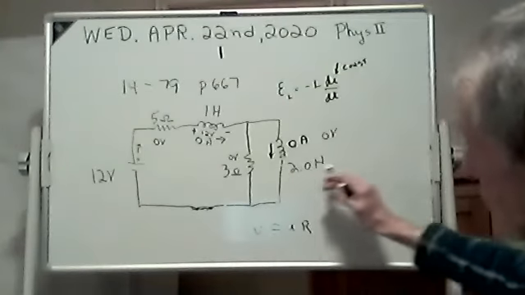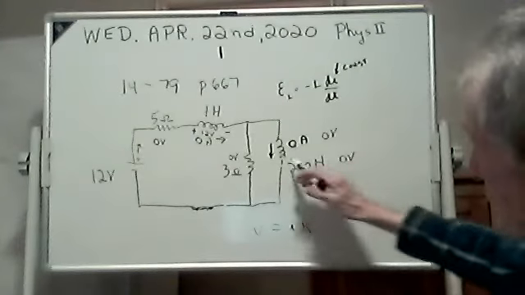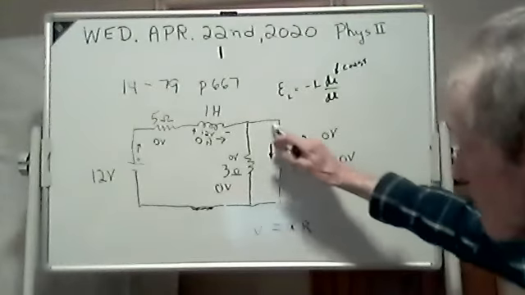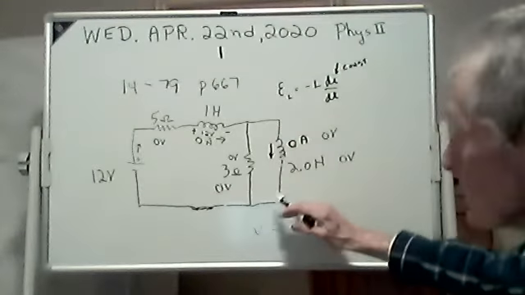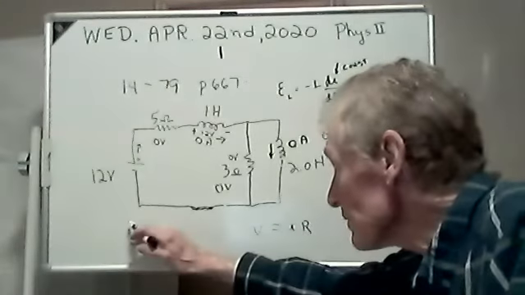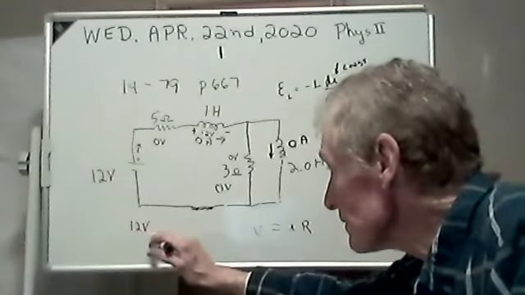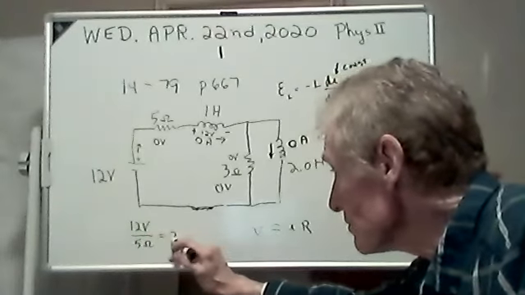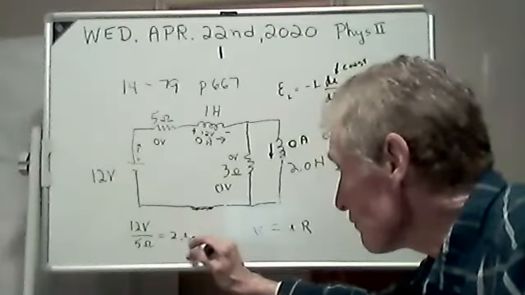You have 0 volts on the inductor, 0 volts on the resistor, and all the current is going through here. And I'll tell you how much current that'll be. It'll be 12 volts divided by 5 ohms, which is 2.4 amps.